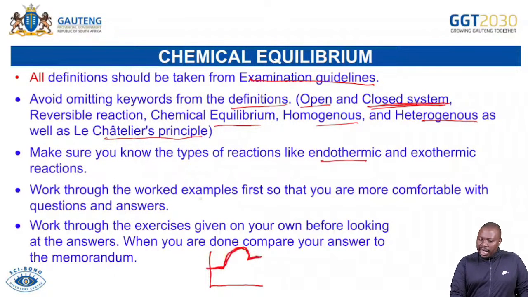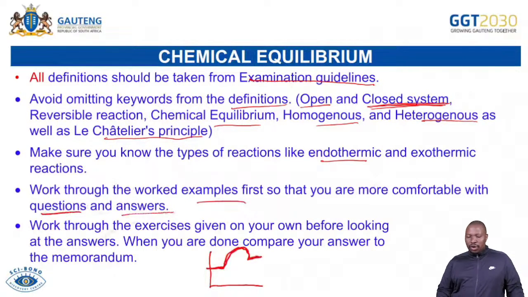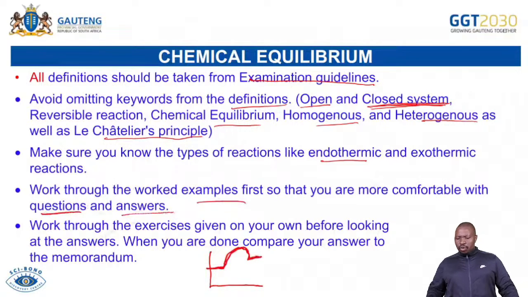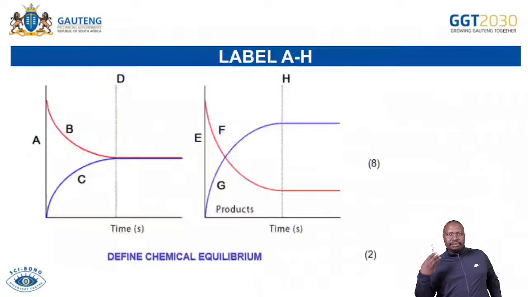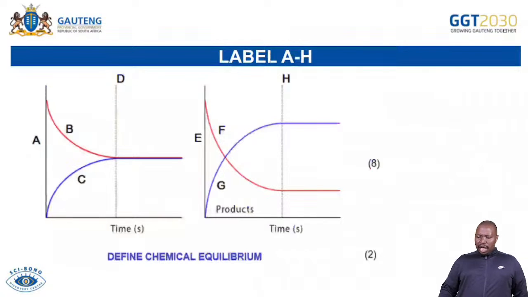Work through the examples first so that you are comfortable with questions and answers. Don't go and look at the memo as you are practicing. Deal with the questions, calculate Kc, then go and check after, mark yourself and see where you are making your mistakes, because our question papers have memorandums, and our memorandums are able to help you. Now, I wanted to use this to emphasize the definition.